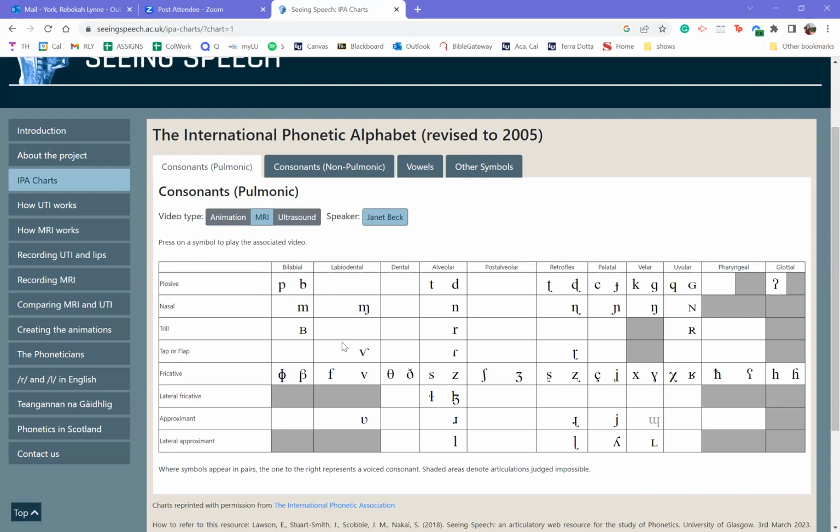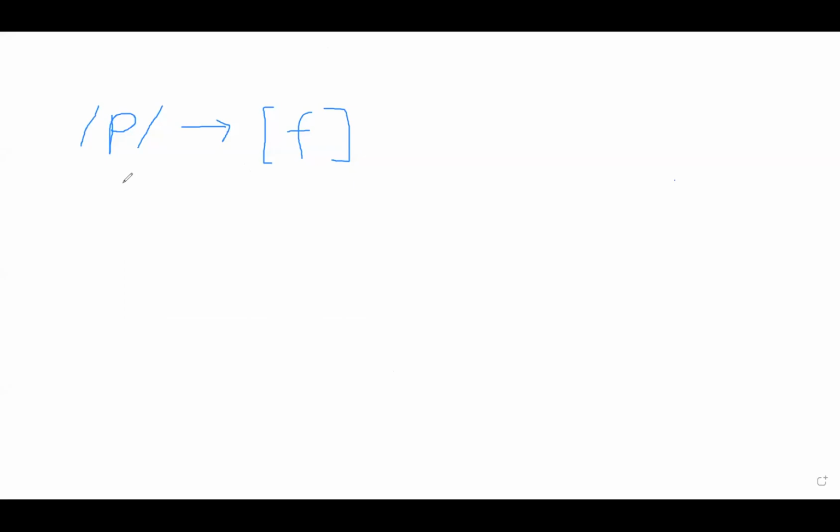So this is probably where this confusion begins. So as I was showing with the ch sound and the sh sound, this can create confusion. So if we were to look at the word pit, I haven't covered vowels yet, but this is the I sound. This would often be realized as fit.